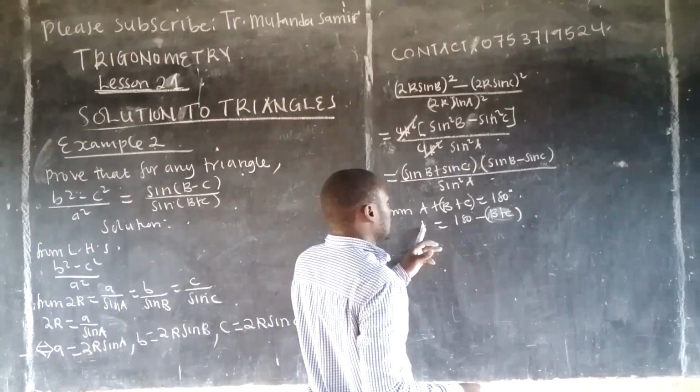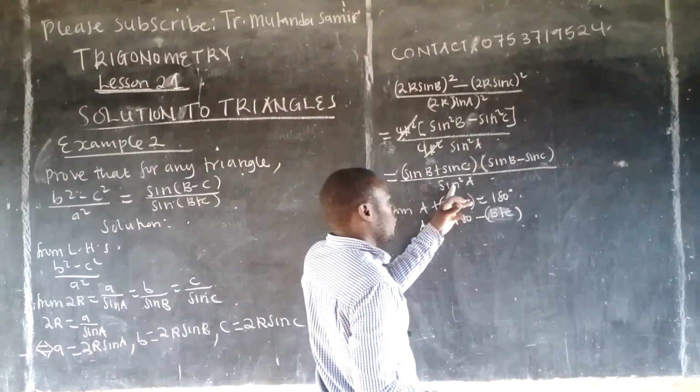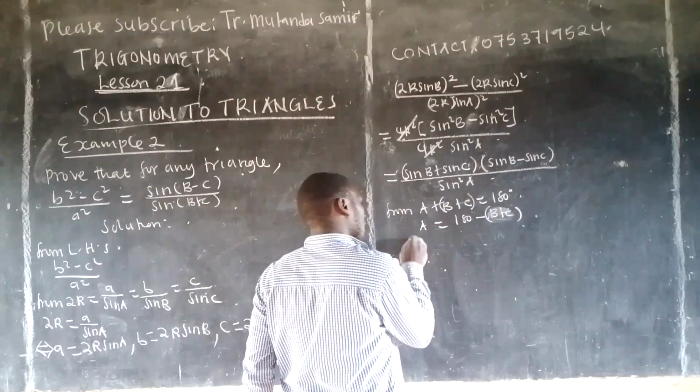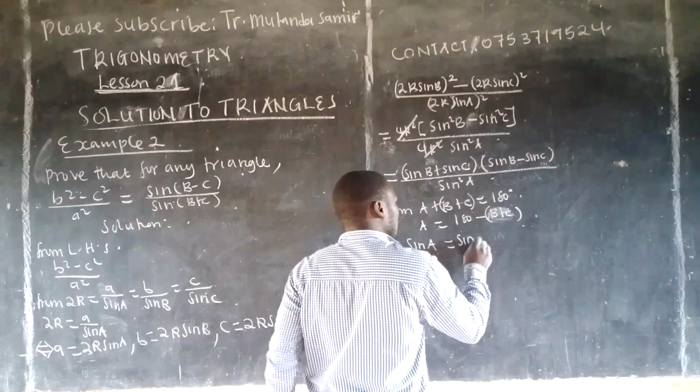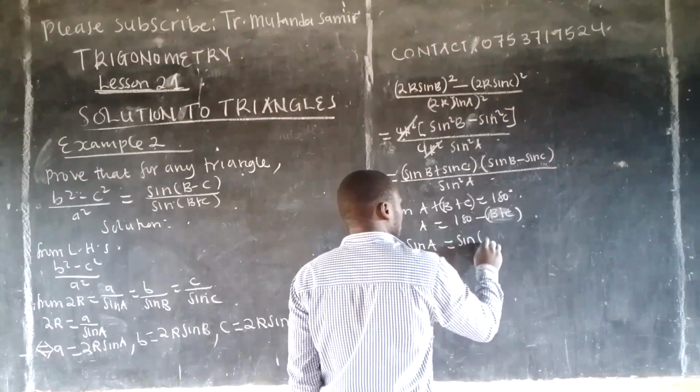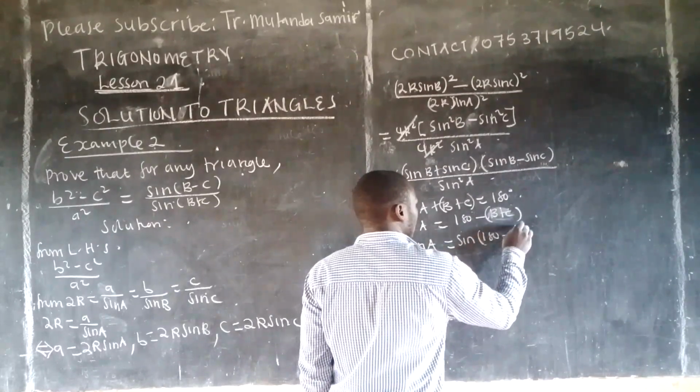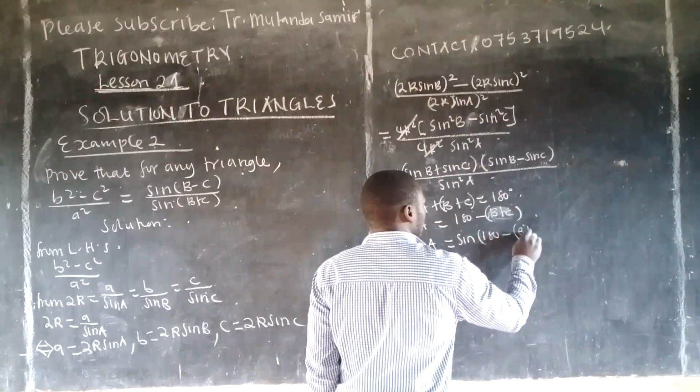Then from there, let's introduce a sine on both sides, just like we have it here. So sine of A will be equal to sine of 180 minus (B plus C).